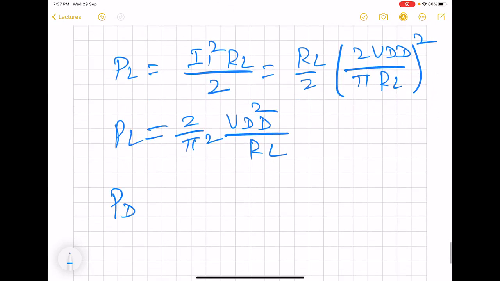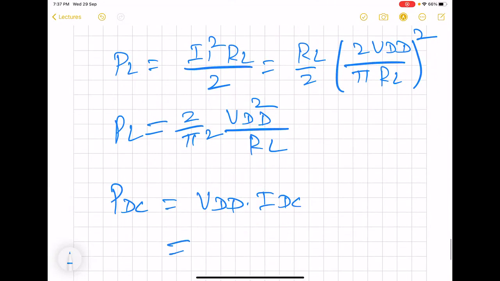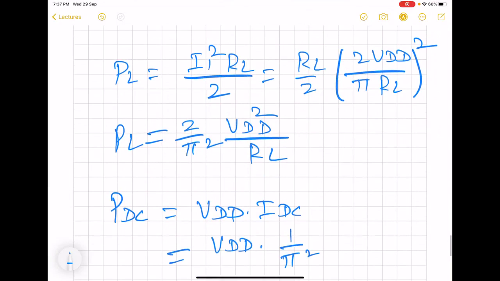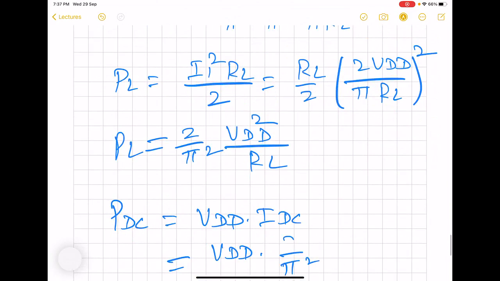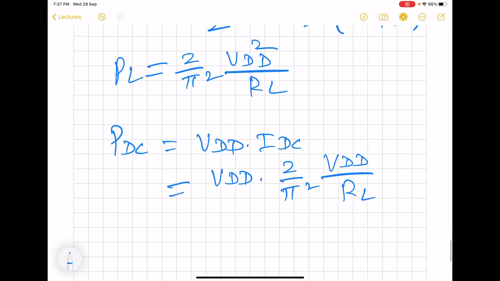Now, what is PDC? This is VDD into IDC, and IDC we just calculated in equation 2. So this is VDD into 2 by pi square VDD by RL. Now if we rearrange, what we get is 2 by pi square VDD whole square by RL.